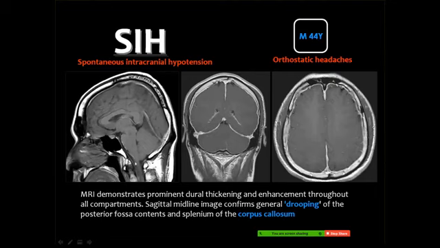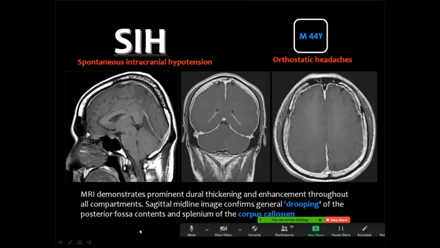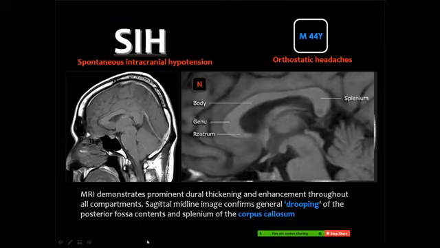You got the dropping of the posterior structures, including the splenium of the corpus callosum, acute angle between the internal cerebral veins and the straight sinus, downward displacement of the tonsils through the foramen magnum, obliteration of the prepontine cistern, and the flattening of the anterior aspect of the pons, together with attenuation of the ventricles and the diffuse meningeal thickening and enhancement.